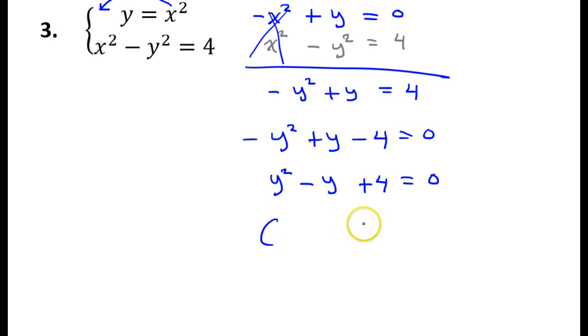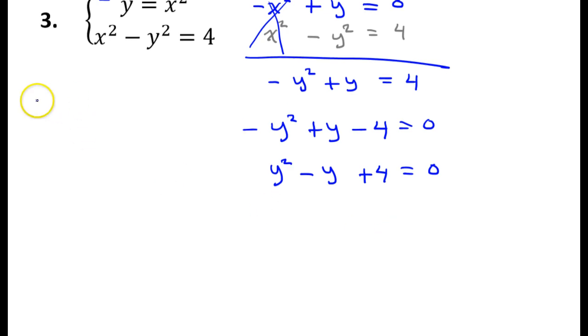Now I would like to try to factor this. I'm not sure this is factorable though, because 4 could either be 2 times 2, and there's no way I'm going to get a negative 1 out of that, or it could be 4 times 1. That's not going to work either. So I'm going to go ahead and use the quadratic formula to try to solve this.